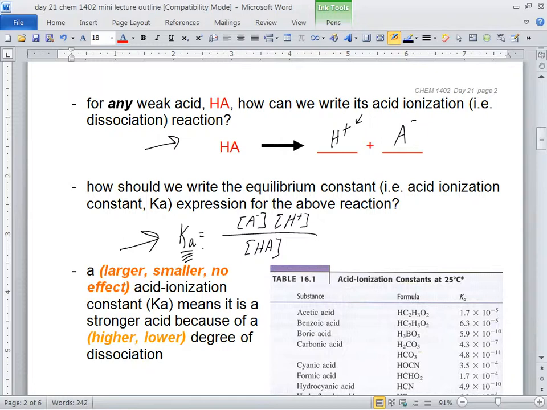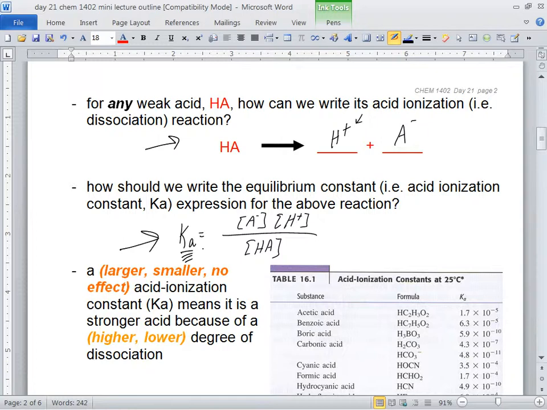If Ka is huge, you're dividing by a huge number, so that means a lot of product. If Ka is small, you hardly have any product. So if Ka is huge, you've got a lot of product.